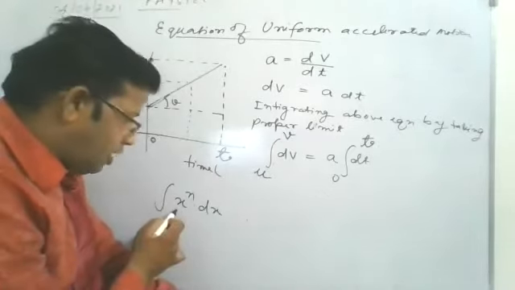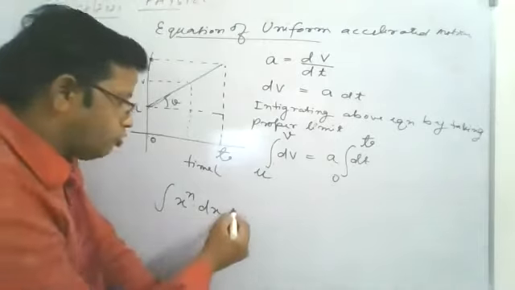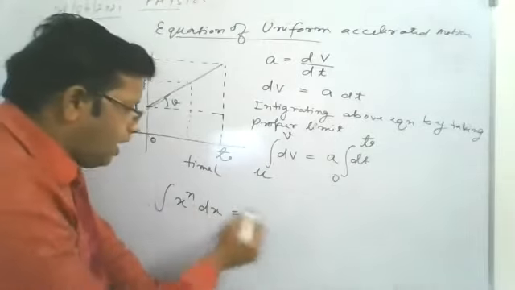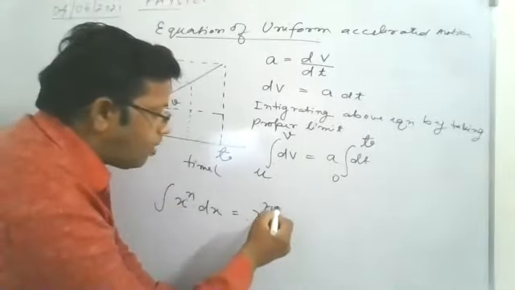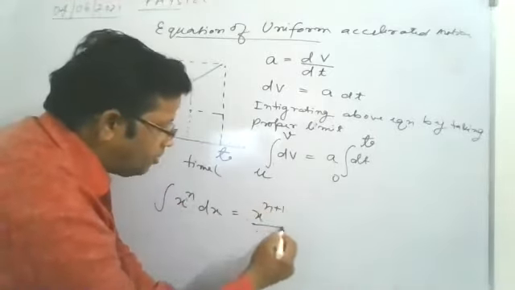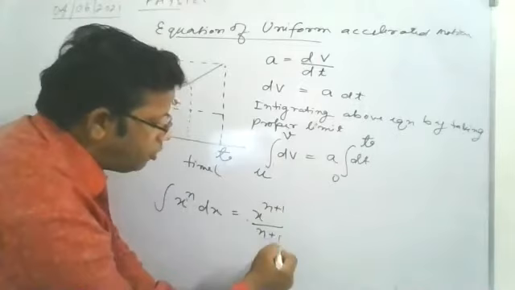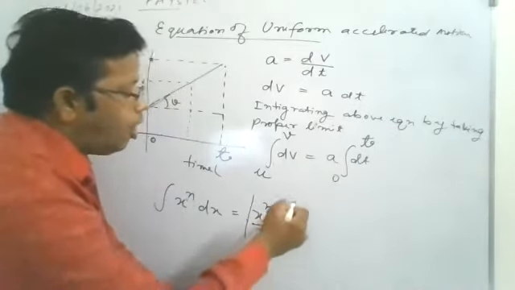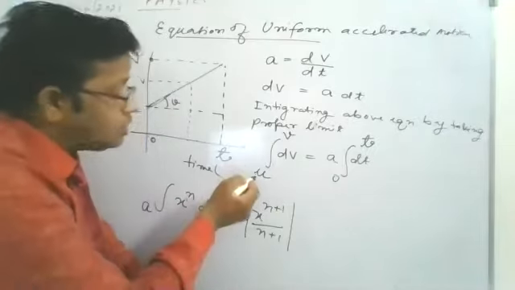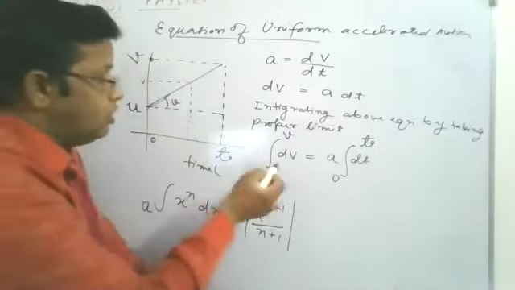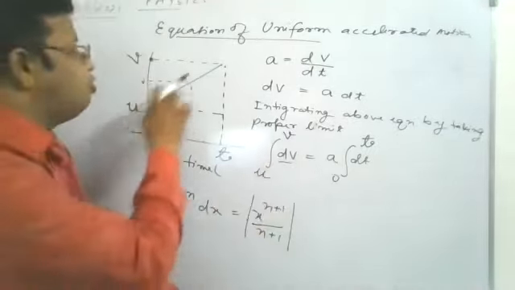But if this is given, the integration will be x to the power n plus 1: its power increases by 1 unit and this power comes in the denominator also. And we put the modulus sign. The lower limit is given here. What is the lower limit? u. This is the change in velocity from u to v.